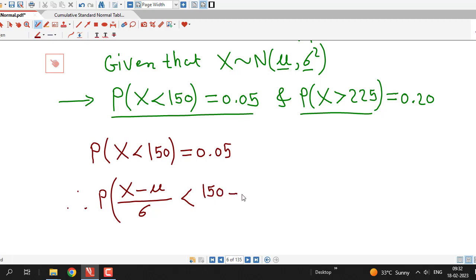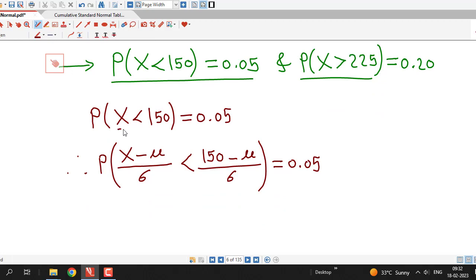Here also, 150 minus mu divided by sigma is equal to 0.05. We are rewriting this event capital X less than 150 by taking subtraction of mean and division by standard deviation. So these two events are same.